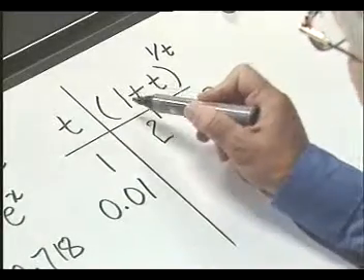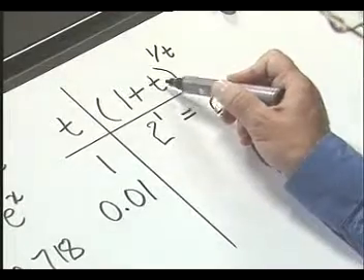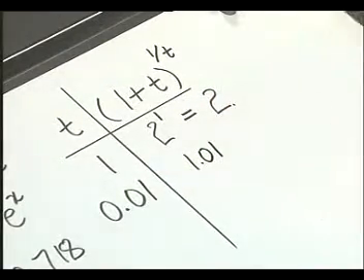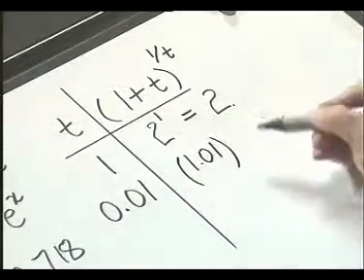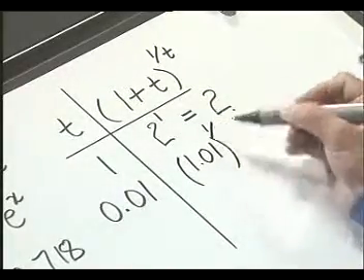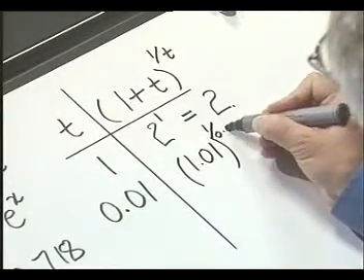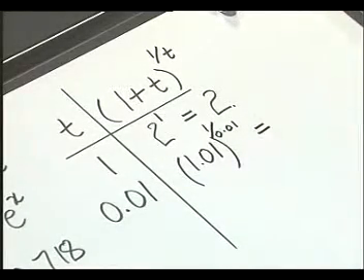0.01. Let's do the same thing. Put t in here. We'll get 1 plus 0.01, which is 1.01. And we're going to raise it to the power 1 divided by t, which is 0.01. And this is where you need a calculator.